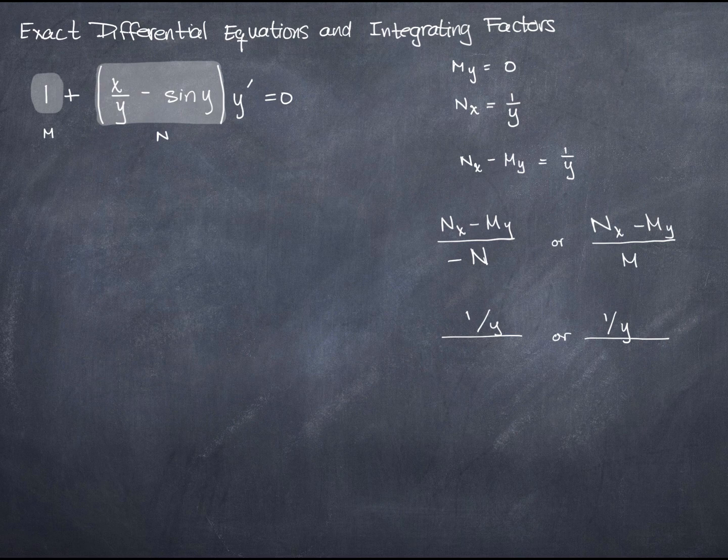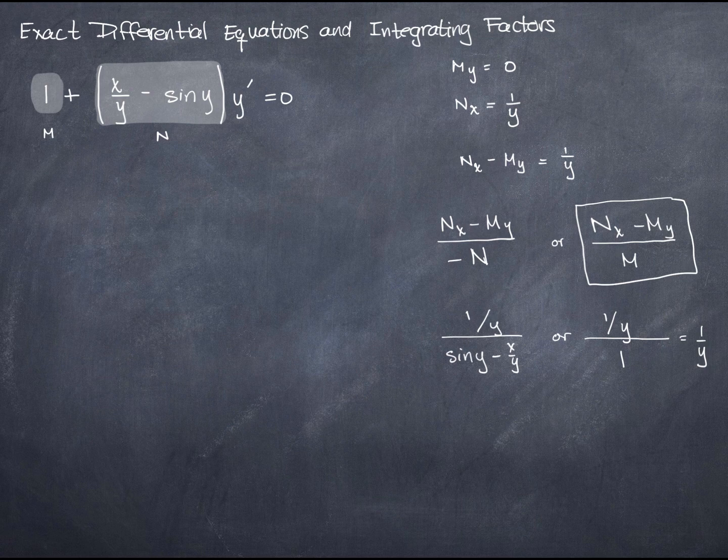If I take my n and make it negative and stick that down here, I'm going to get this very messy expression. But if I take my m, keep it positive, and stick it down here, well, that's really quite tidy. So I'm going to stick with that one. I'm going to use this formula that produces just 1 over y.